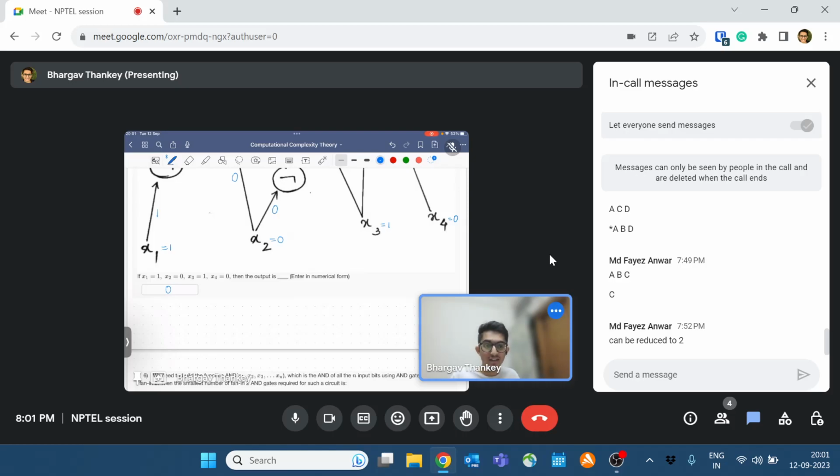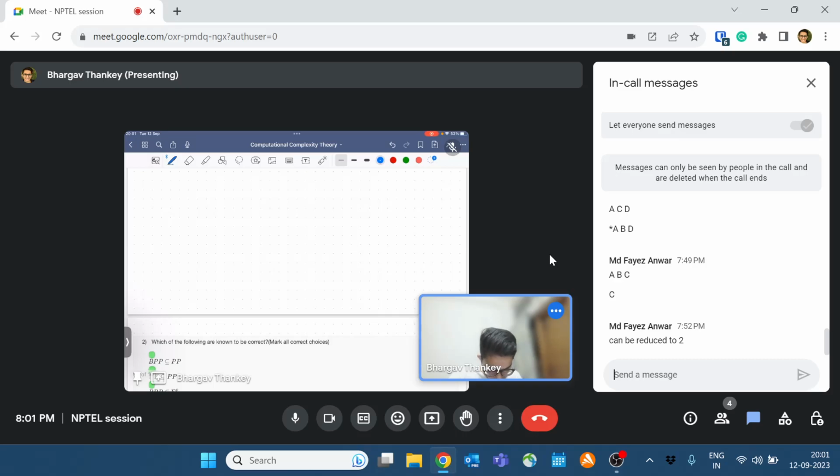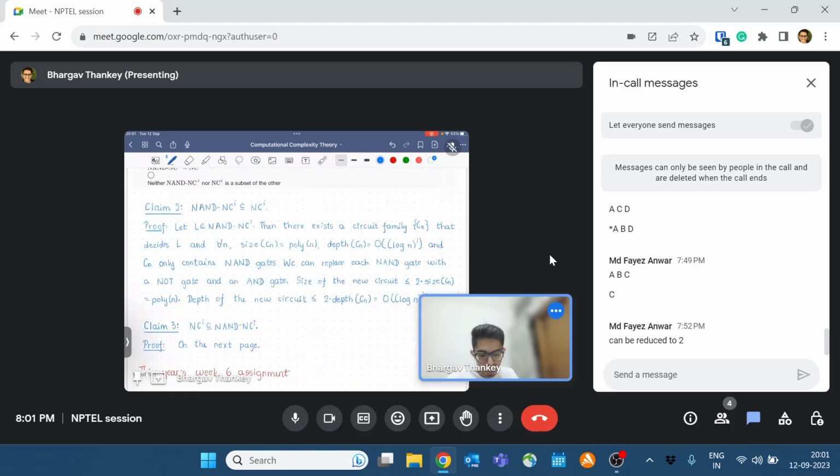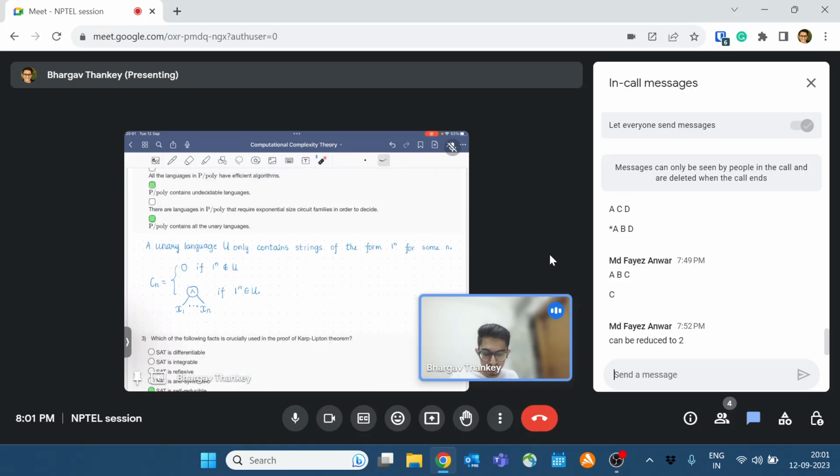Yes. But the circuit family that you get from P/poly need not be uniform, right? So for every n, you can do something very weird. So the non-uniformity gives us the power that maybe some undecidable languages would also have polynomial size circuits. In particular, we did something like this in the unary language question, right? Over here, for any unary language, we came up with a circuit family.